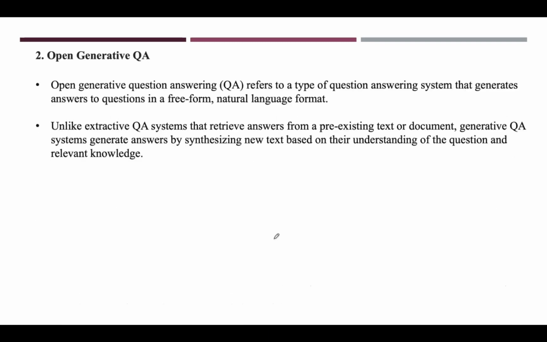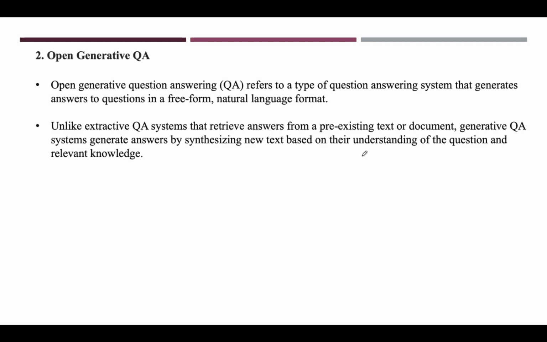And the second one is open generative QA. Here it follows exactly the same framework as extractive QA, except that they use the generator instead of the reader. Just now we saw extractive QA is using a reader, whereas open generative QA uses a generator instead.